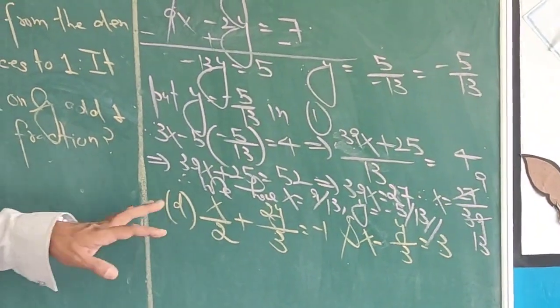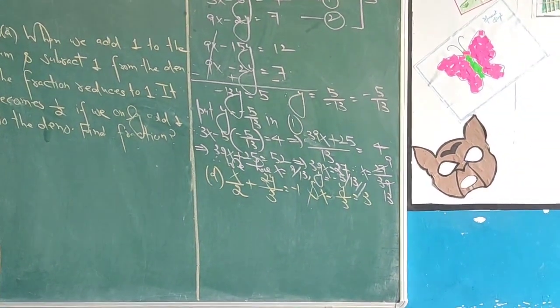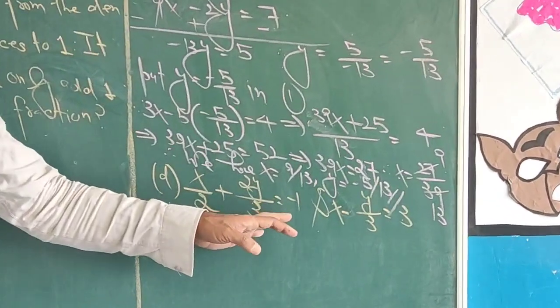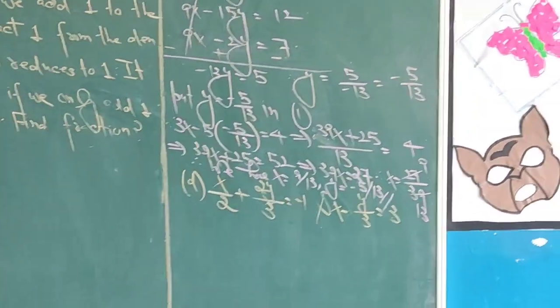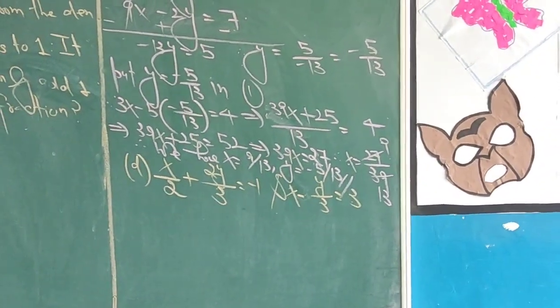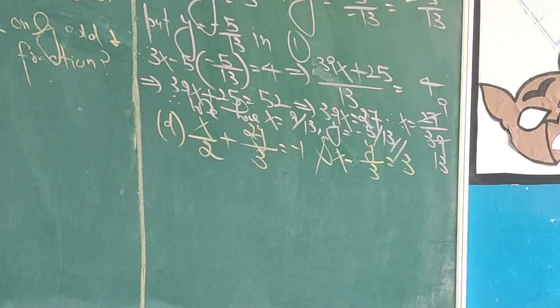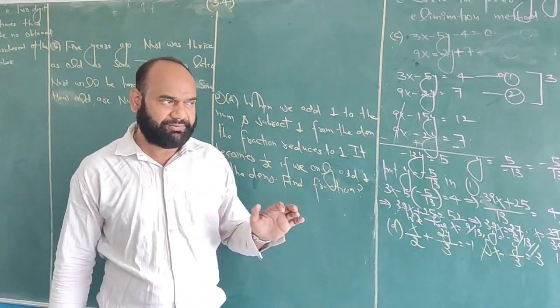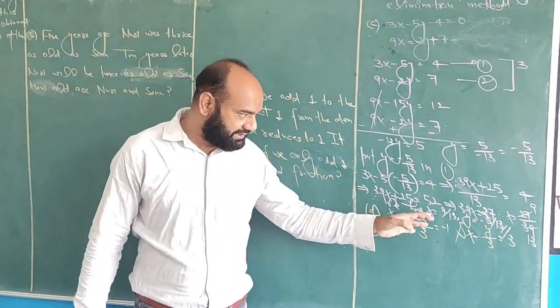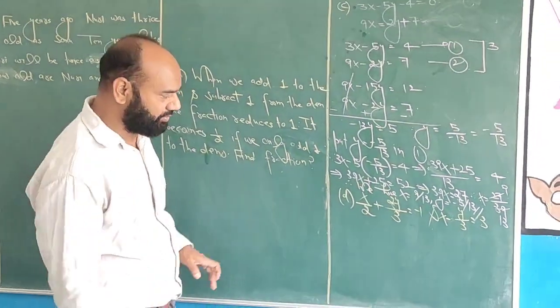Now its part d is x upon 2 plus 2y upon 3 is equal to minus 1, and x minus y upon 3 is equal to 3. These two equations are also solved by elimination method. When we solve any two equations by elimination method, first of all we change these two equations into the standard form.